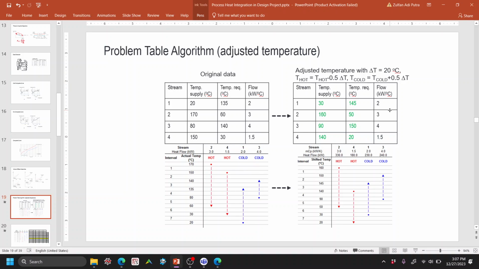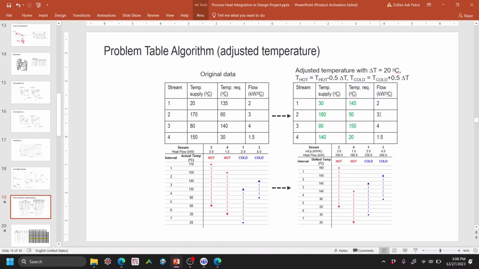And then with the shifted temperature, the adjusted temperature, obviously we use the adjusted temperature. So the maximum is 160 degrees C, which is this one, and the minimum is 20 degrees C, which is that one. So stream 2, for example, is 160 to 50. In the interval 160 to 150, there's only one stream whose MCP is 3.